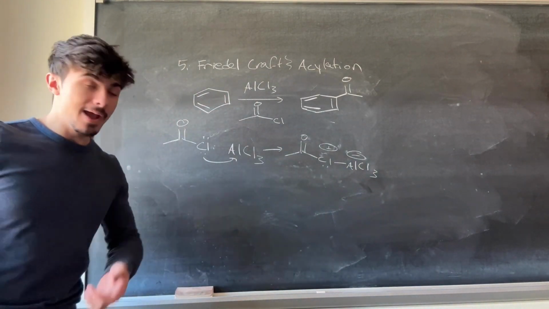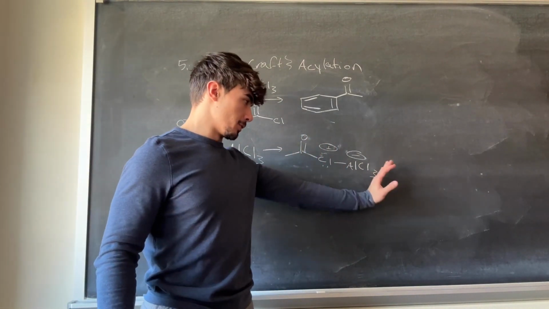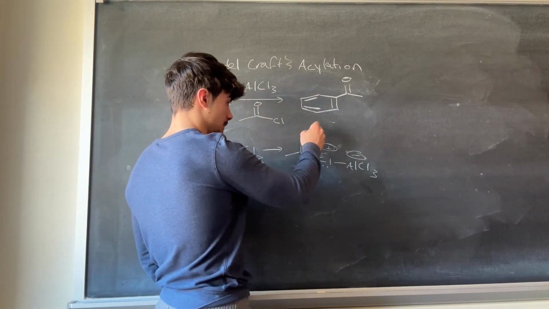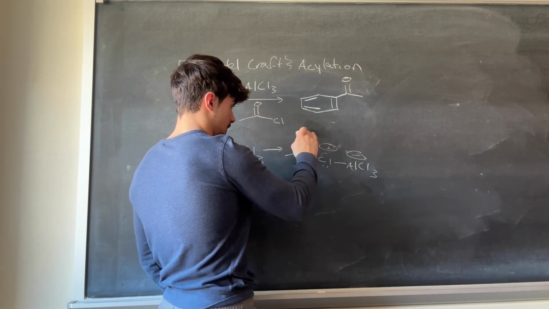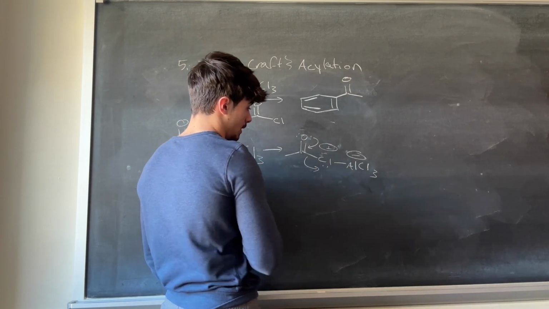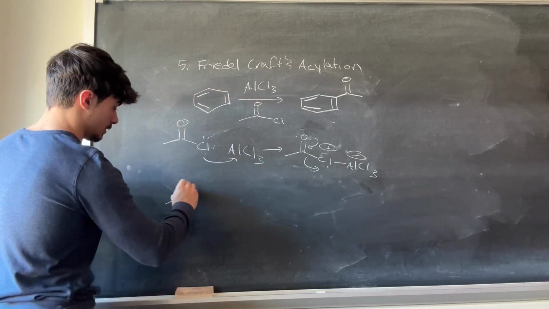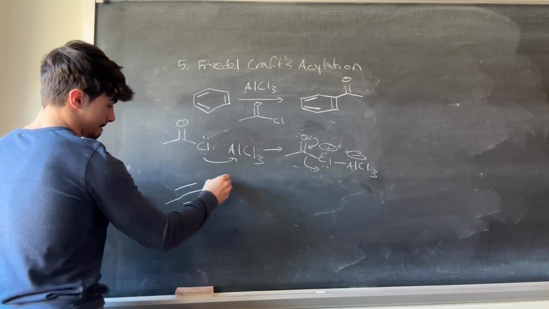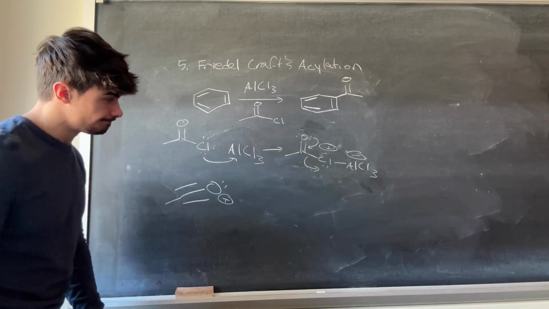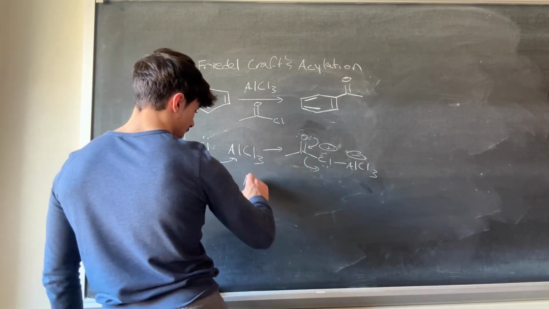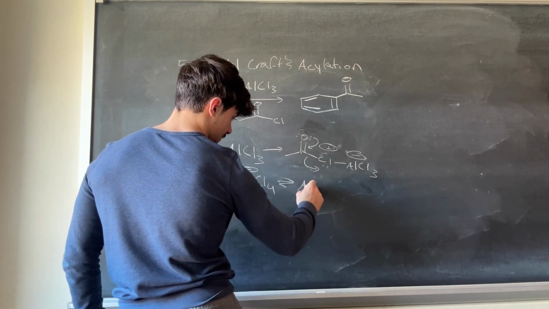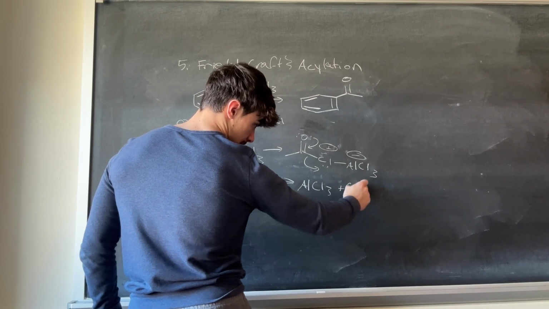So what we can actually do now is kick out this group, kick out an AlCl4, because that's a good enough leaving group, and we create, down here I'll draw it, an acylium ion, okay, as well as AlCl4, which is in equilibrium with AlCl3 and chloride.